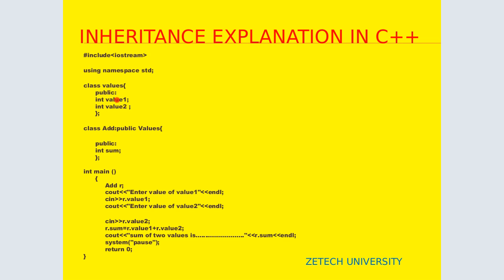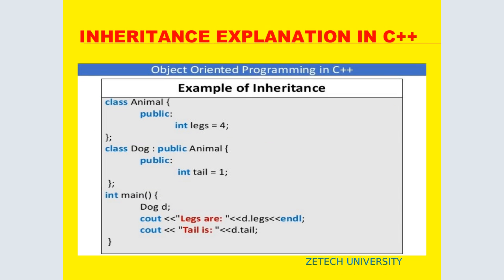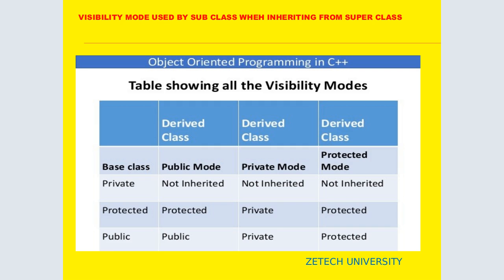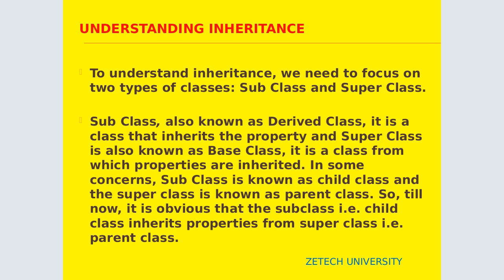Hence, these particular variables called value 1 and value 2 will be inherited in class add because of this syntax, and class add is a subclass and class value is a superclass. Please don't worry. I just want to explain what I meant in our example up here when we were talking about the advantages of inheritance.